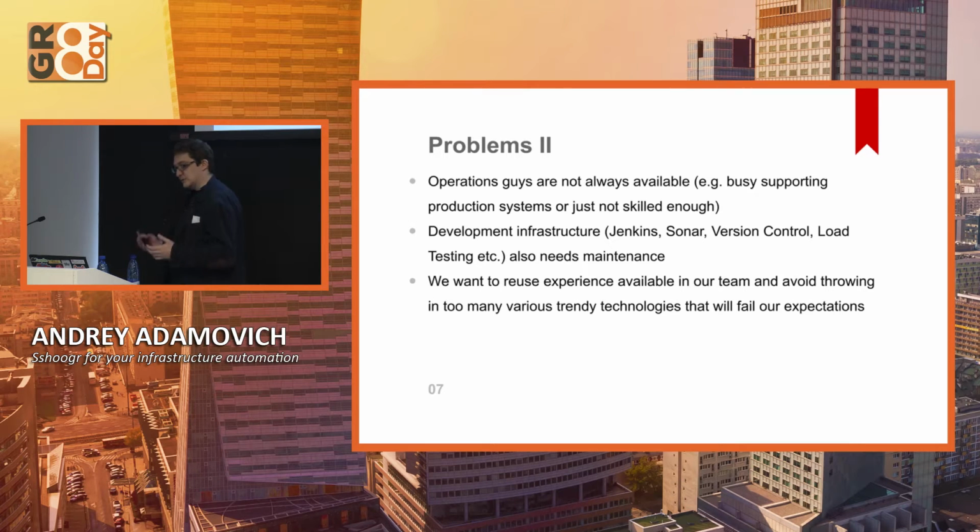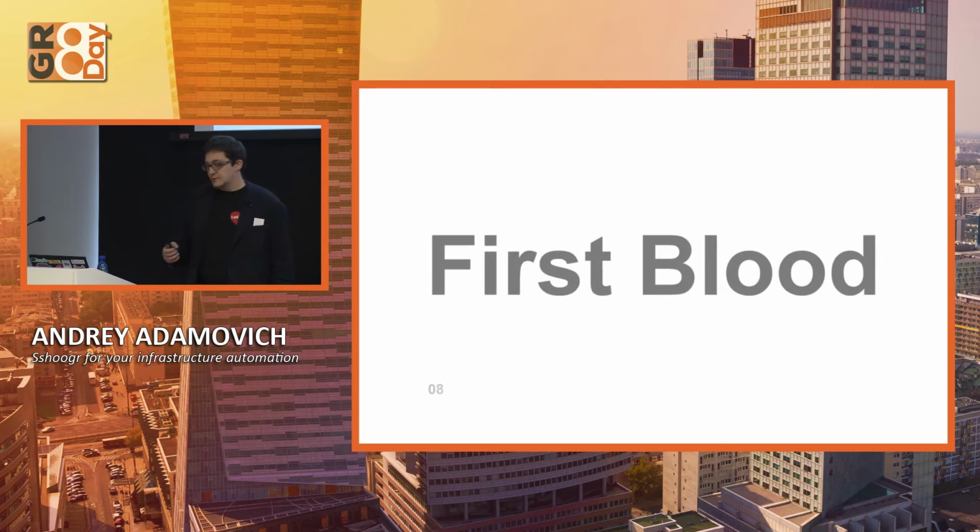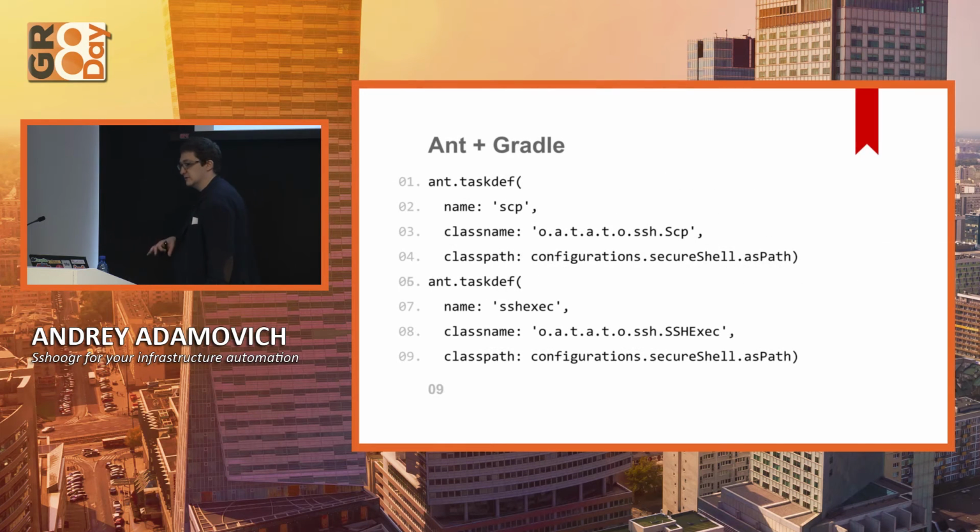So when we first started, like 5 or 6 years ago, trying to automate the infrastructure management for our projects, we had already started using Gradle, which was a much better option compared to Maven and Ant because those were too hard to maintain. So the first thing we stopped at was Ant plus Gradle, because, as you probably know, Gradle integrates with Ant very well.